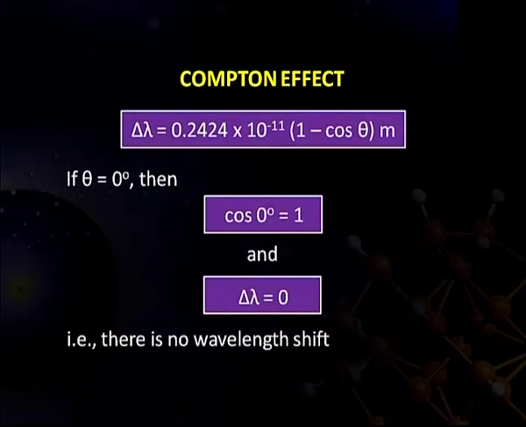If theta is equal to 0 degree, then cos 0 degree is equal to 1 and delta lambda is equal to 0, that is there is no wavelength shift.